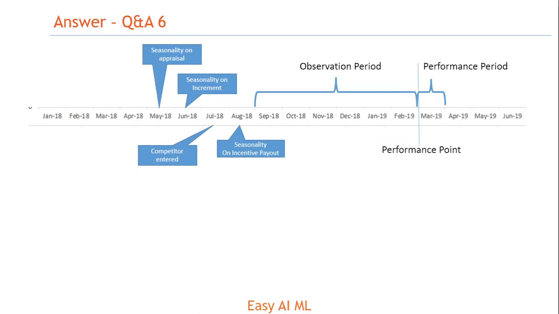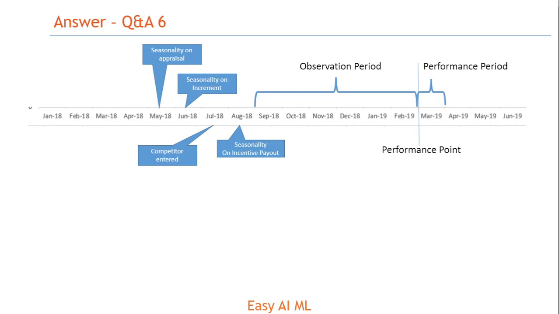So January 18 till June 19, there is a seasonality due to appraisal, seasonality on increment, competitor entered, so there was attrition, a lot of people joined the competition, seasonality on incentive payout. So what has been done is the 6 months picked where the disturbance was minimum.